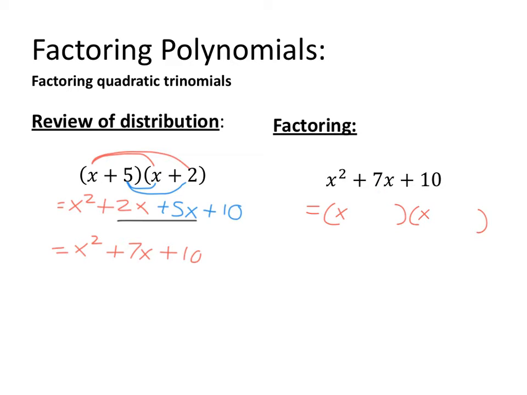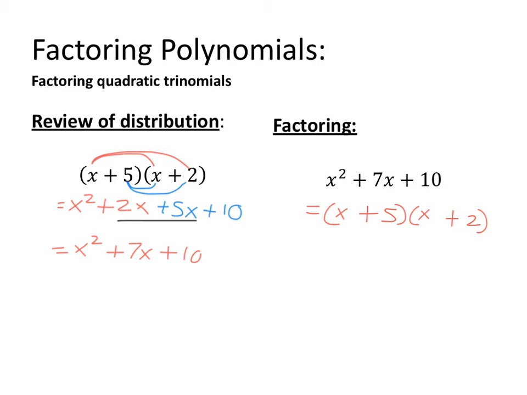The options for what times what equals 10 are 10 and 1, and 2 and 5. Since we want it to add up to a 7 when multiplied out, like what happened right here, we're going to put a 2 there and a 5 there, or I can put it the other way. It really doesn't matter in the end, but I'll just write the 5 there and the 2 there, and they'll both be positive because we're talking about a positive 7 and a positive 10.